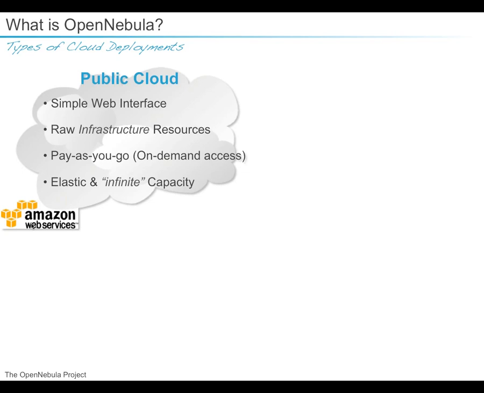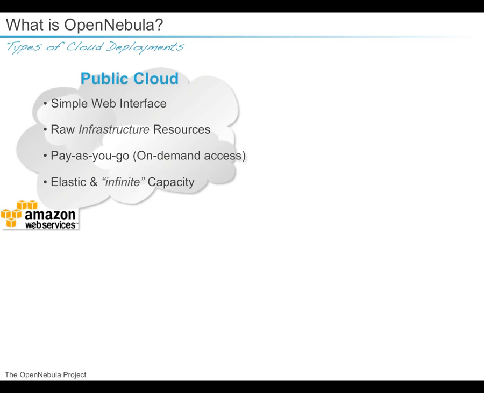One of the illusions that it creates is that it has an elastic and infinite capacity, since the user can request as many instances of virtual machines as needed. It's not really that the capacity is infinite, right? But it's the illusion that the user doesn't care about the underlying infrastructure that makes this infinite capacity a reality for the end user anyway.